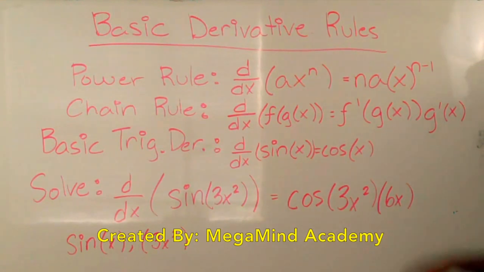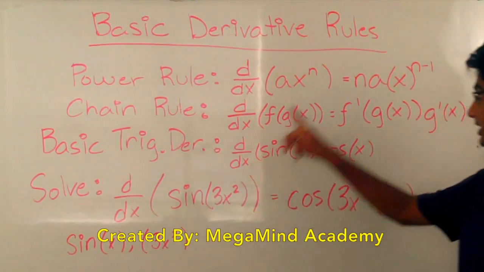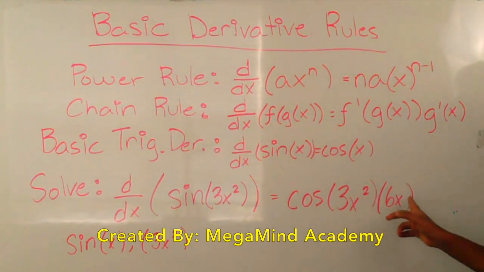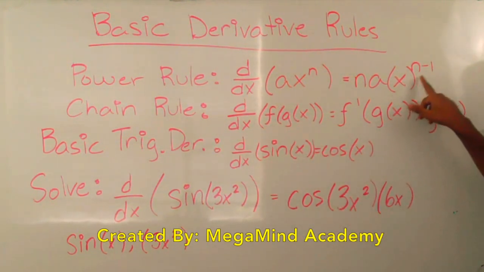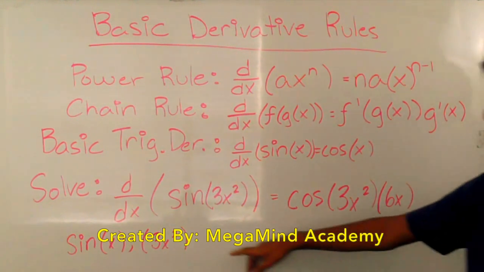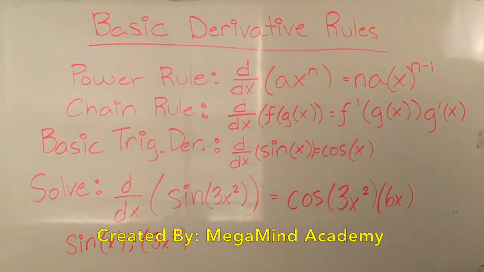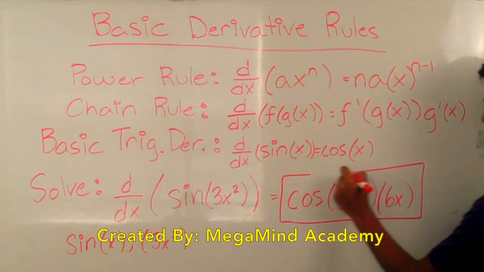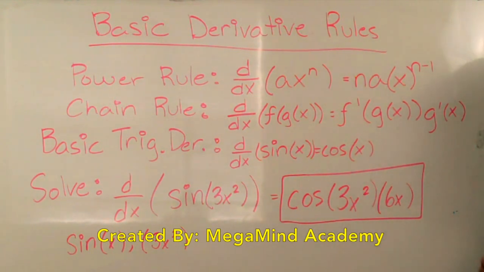We get that because we multiplied 2, which is n, with 3, which is a, so we get 6, times x with the exponent n minus 1, or 2 minus 1, so x to the first power, which is just x. So the answer to this problem is cosine of 3x squared multiplied with 6x.